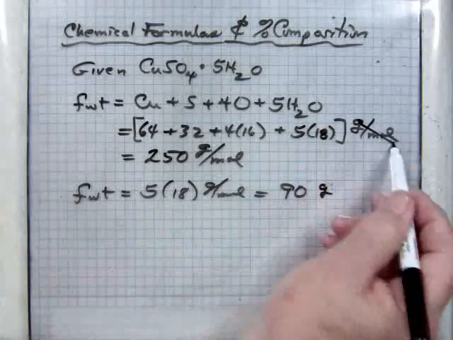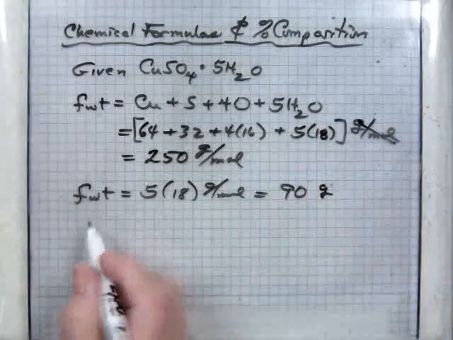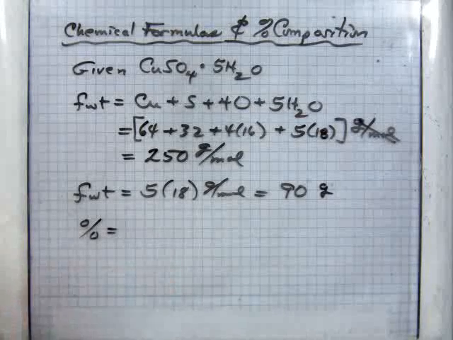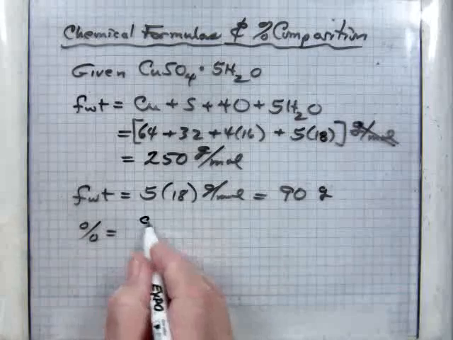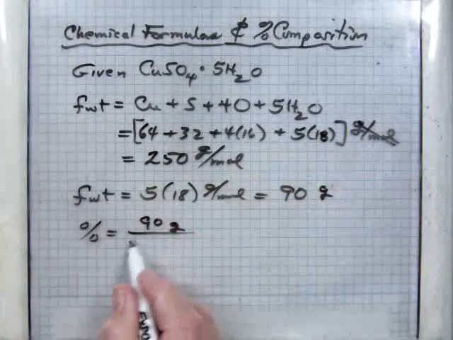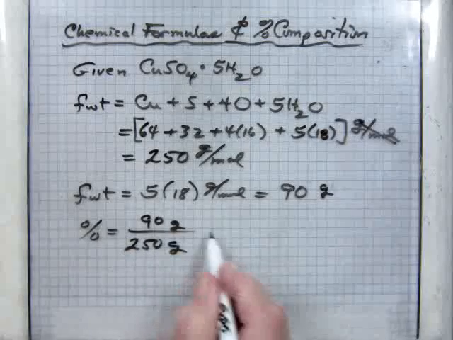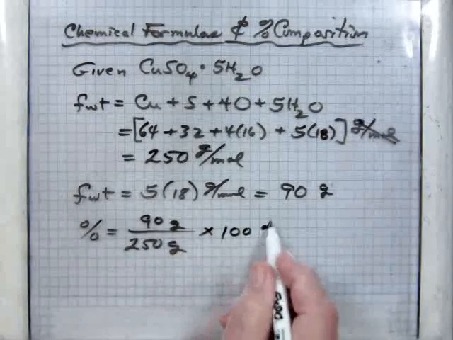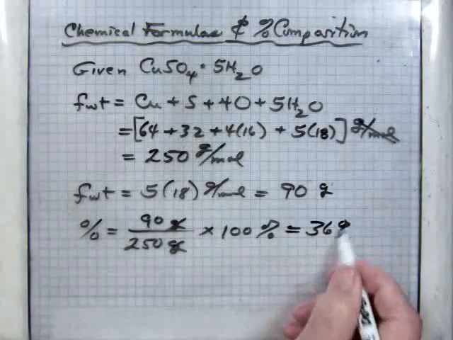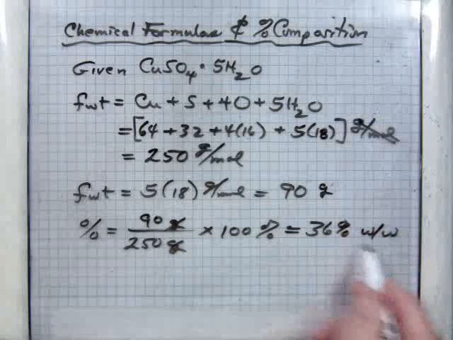Now the units are going to cancel out of this anyway, because in percentages it's mass over mass, and grams will cancel. So we have 90 grams over 250 grams times 100%, and I believe that's 36%, and that's a weight ratio.